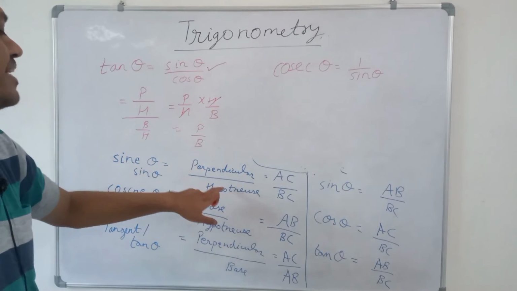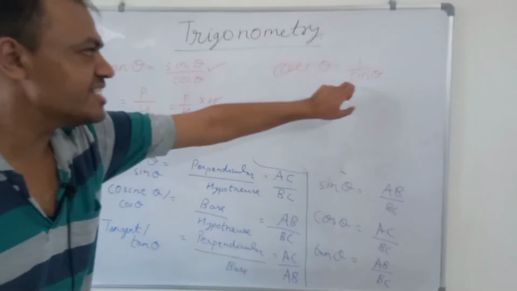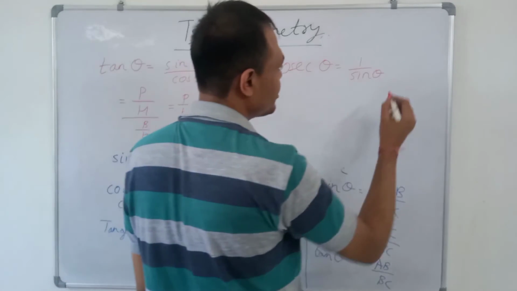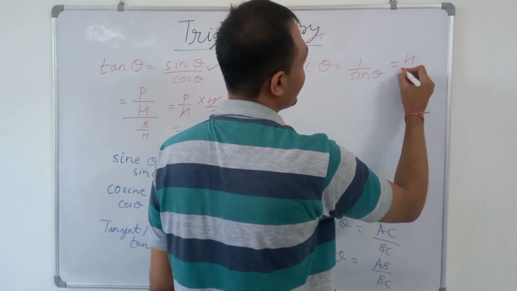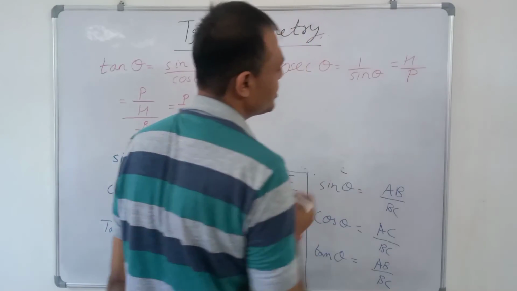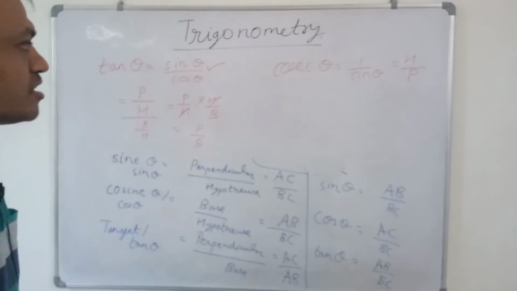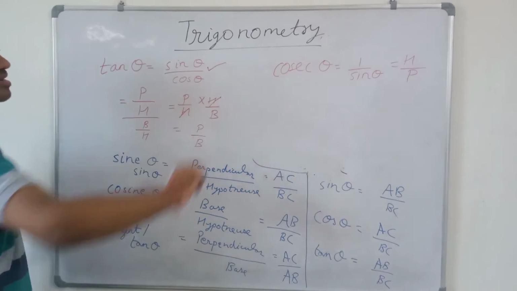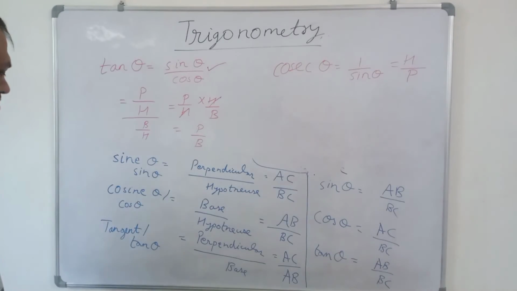Sin theta is perpendicular upon hypotenuse. Hypotenuse I am writing as H and perpendicular I am writing as P. So cosec theta is equal to hypotenuse upon perpendicular. It is the inverse of sin theta.